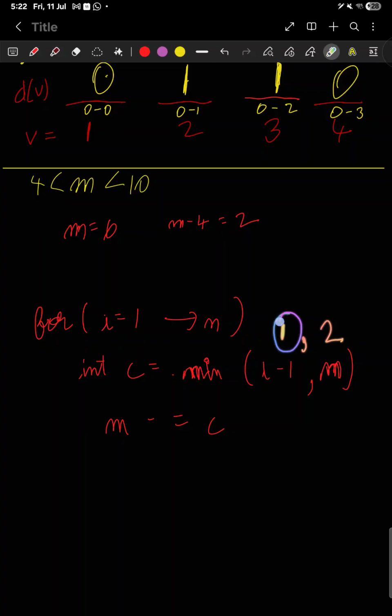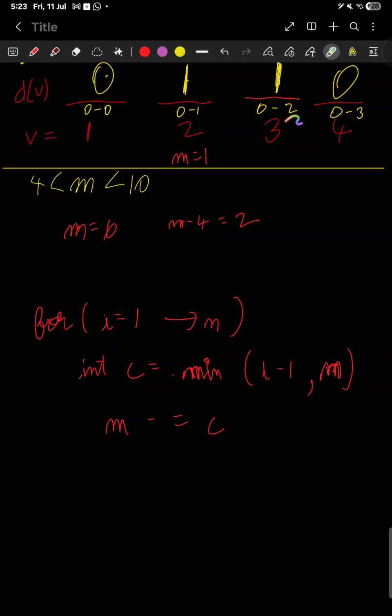So the min would be equal to 1, m minus equals 1, that is m equals 2 minus 1, because c equals 1 and m initially equals 2. So the value of our m would be equal to 1 till here. Then I equals 3, I minus 1 equals 2, and m equals 1. What would be the minimum? This will be the minimum. So we would fill C here.